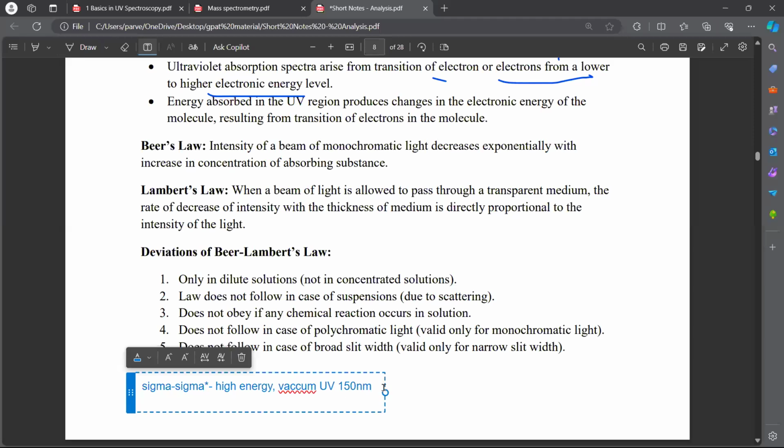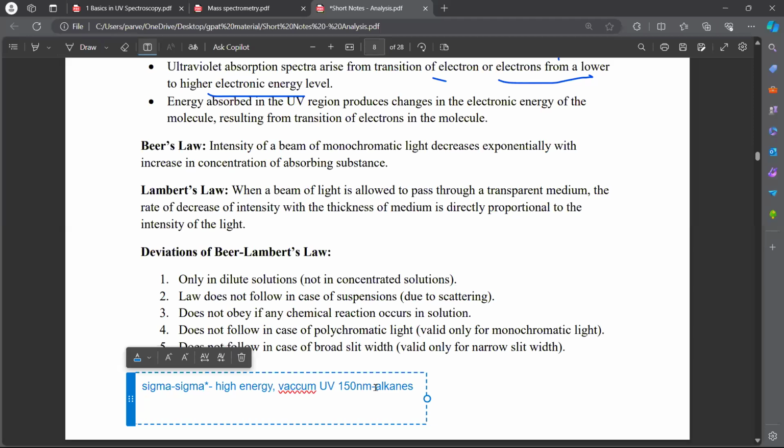Which compounds show the sigma star transition, guys? Answer the question. Which type of compound shows the sigma star transition? Alkanes. Great, Kavish. So basically it is shown by alkanes, saturated compounds.